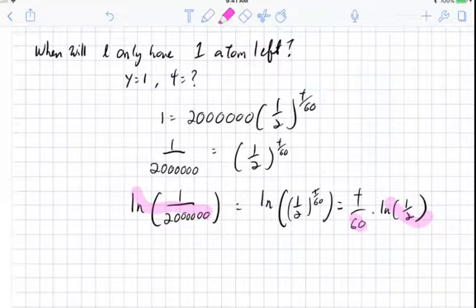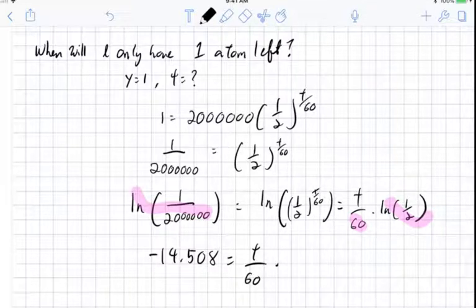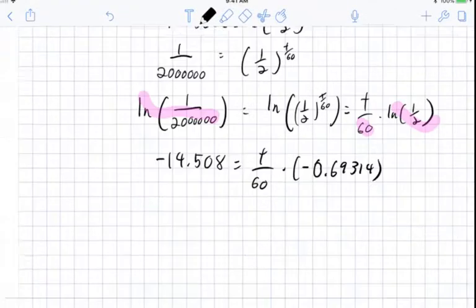ln of 1 over 2 million is equal to minus 14.508. 60 is the number 60. And ln of 1/2 is minus 0.69314. And now just solve for t.